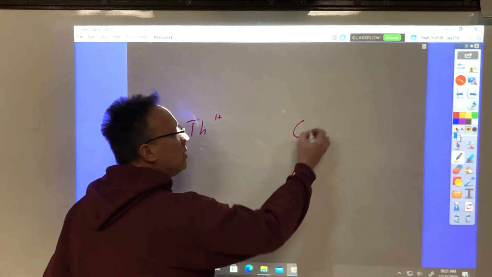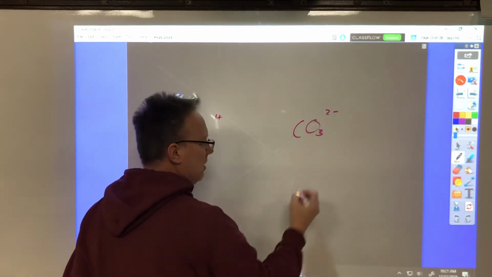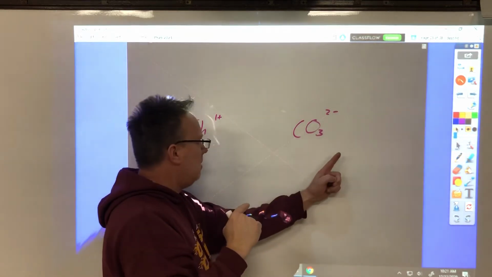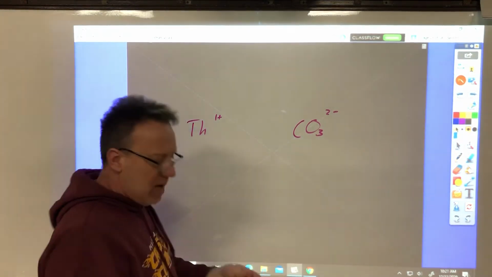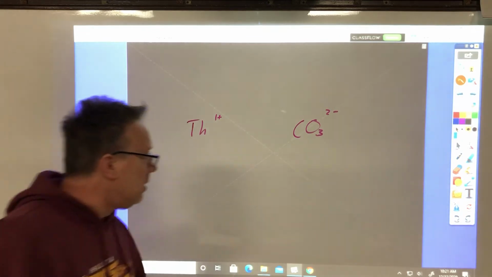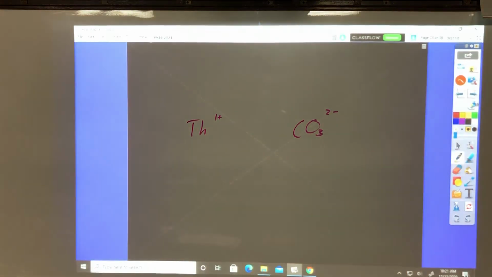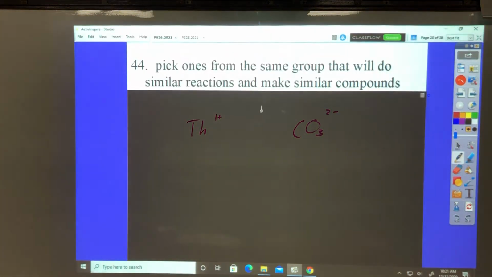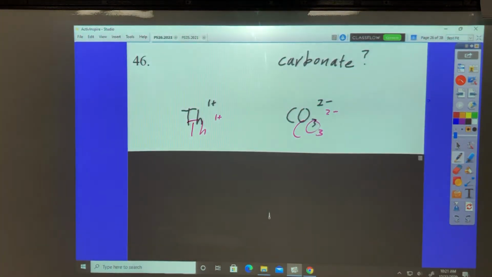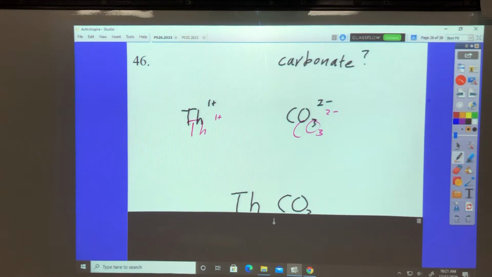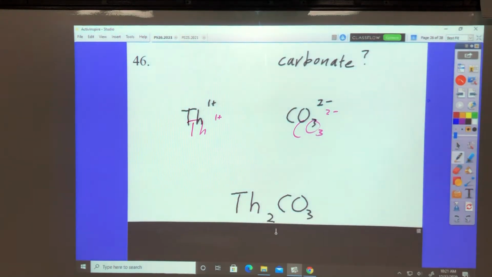Carbonate is CO3 2 minus. So that took 2 electrons. This gave 1 electron. Not a match. I have to have another thallium. So it's got to be Tl2CO3.